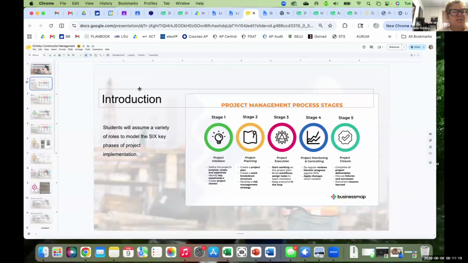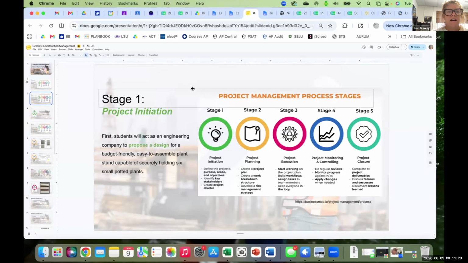The students would assume a variety of roles to model the six phases of project implementation. First, students acted as the engineer company to propose a design. My approach was a budget friendly, easy to assemble plant stand capable of holding six small potted plants. That was the direction I went because I was actually building one.